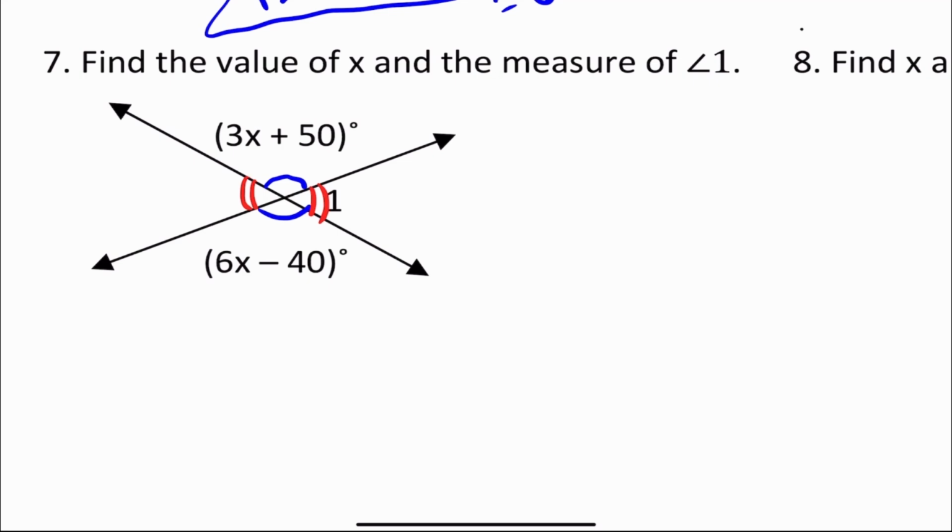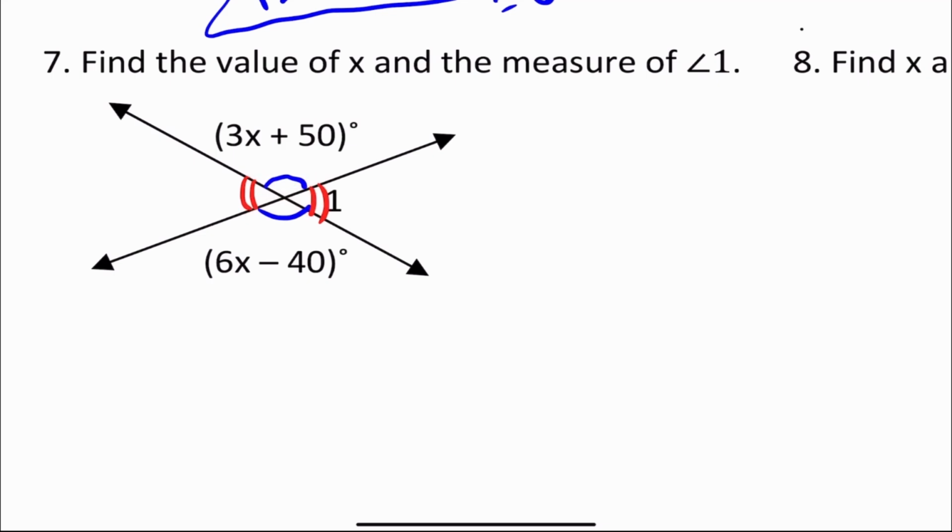All right, so number 7 says find the value of x. Well, I don't have an equation to work with here, so I need to figure out what that equation is. Well, I know that we have 3x plus 50, that's an expression, and 6x minus 40. And again, these two angles are congruent in the world of geometry, but in the world of algebra, the measures of these two angles are equal to each other, right?